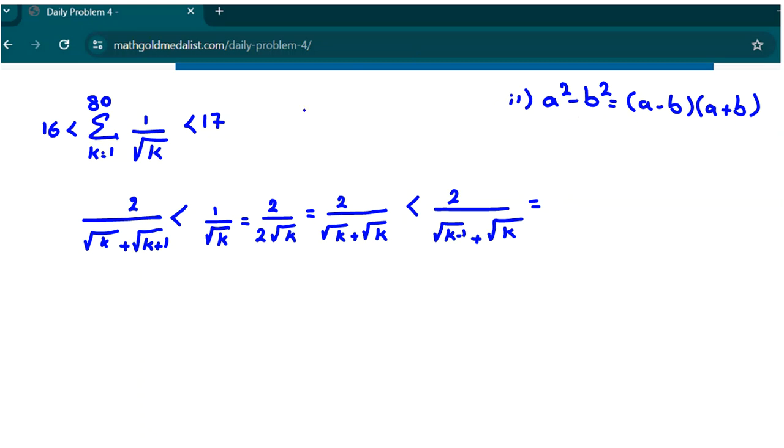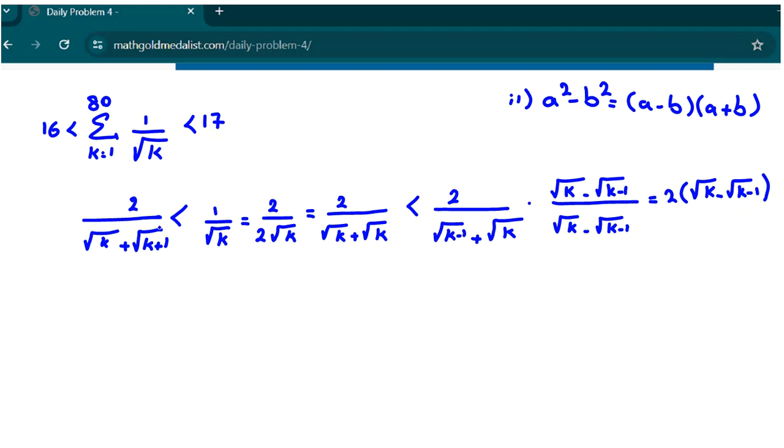So here we can multiply this part by root k minus root k minus 1 over root k minus root k minus 1. So the denominator will be what? It will be root k squared, by this identity, minus root k minus 1 squared, which will be k minus (k minus 1), which will be 1. So it will be 2 times root k minus root k minus 1.